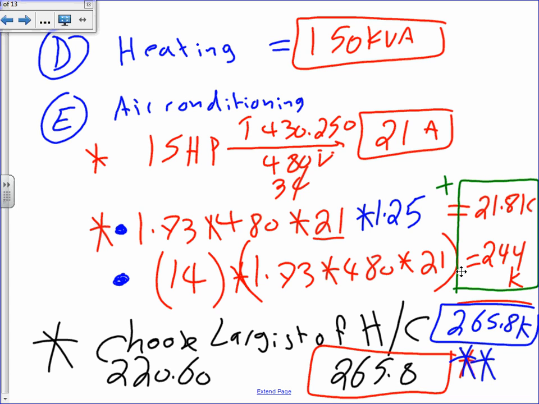Everybody understand that when they say choose the largest of heat and cool, we're looking at the 150 versus the 265.8? Cool?